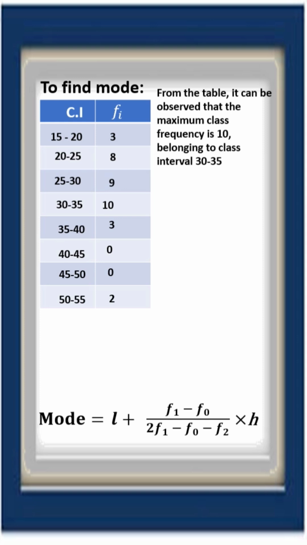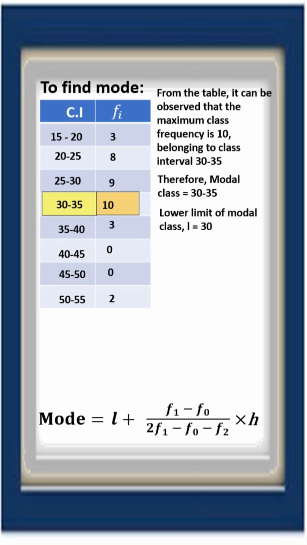From the table it can be observed that the maximum class frequency is 10, belonging to the class interval 30 to 35. Therefore, the modal class is 30 to 35, hence the lower limit of the modal class is 30. So, L is 30.